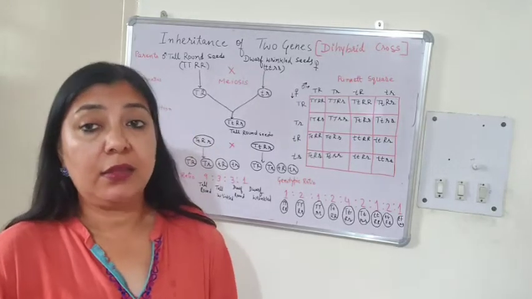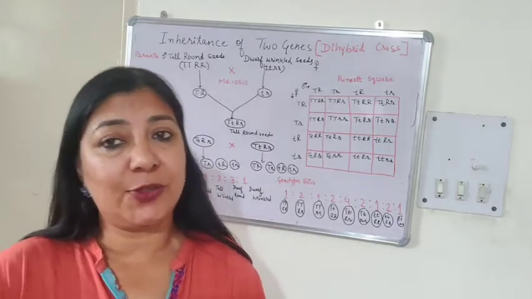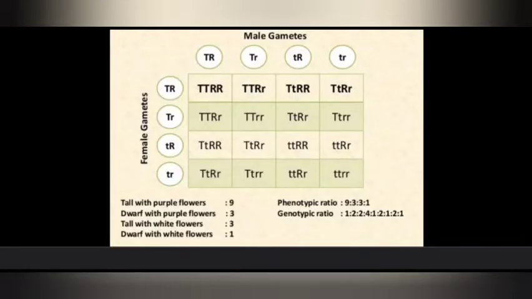Now let's study the law of independent assortment. As we have already studied, based on the dihybrid cross, he got the phenotypic ratio 9 is to 3 is to 3 is to 1 and genotypic ratio 1 is to 2 is to 2 is to 4 is to 1 is to 2 is to 1 is to 2 is to 1.